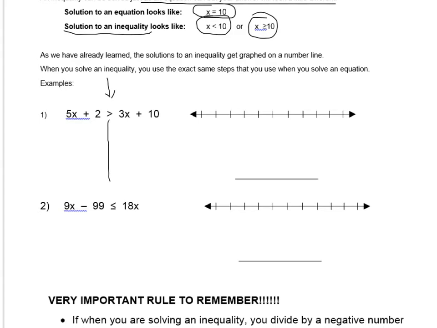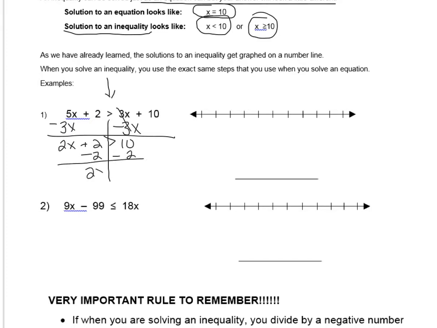Alright, so to solve this inequality, the first thing we would have to do is get the x to one side. So minus 3x from both sides. 5x take away 3x is 2x, plus 2 is greater than, these cancel, you're left with 10 on this side. Isolating the variable on the left side, you would have to subtract 2 from both sides.